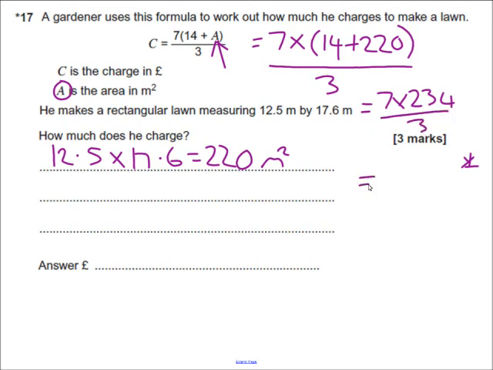And then when we do the top bit first, so we multiply 7 by 234, we end up with 468 all divided by 3. And then when we put this in our calculators, we get 156 pounds exactly. So the answer on the answer line is 156 pounds.